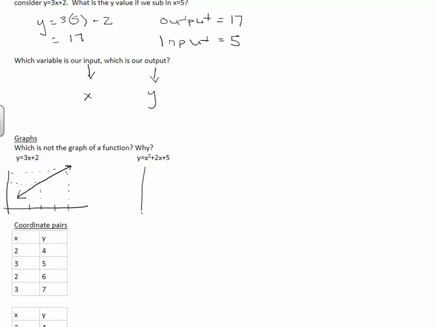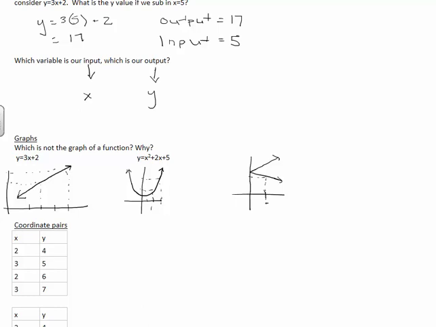We can look at this also as far as quadratics that you did last year. Parabolas like this. Again, for all of your x values, there is still only one y value. There's never two. Let me show you what I mean. For example, what if we had a graph that looked like this? Now this is not a function, because for this x value here, if we go up, there's a y value there.